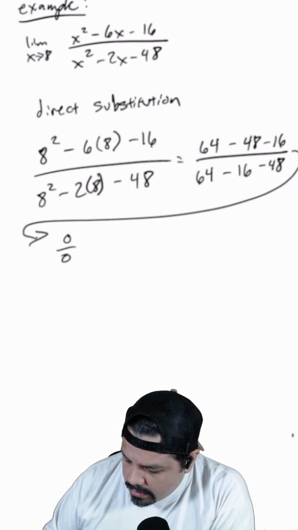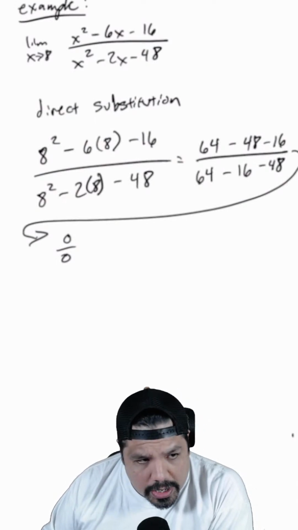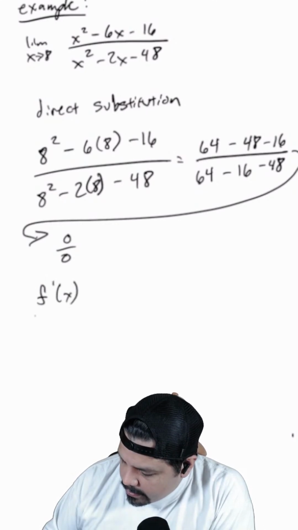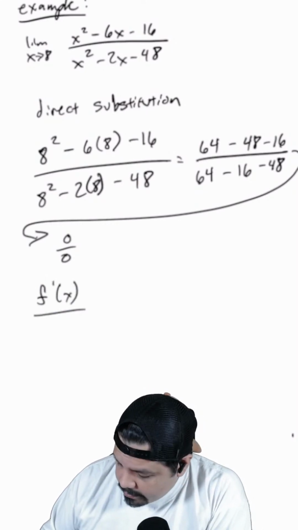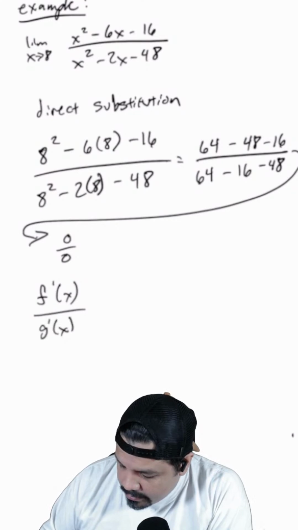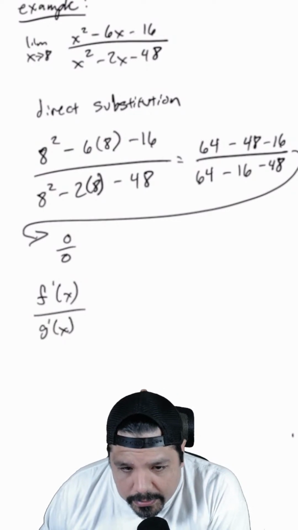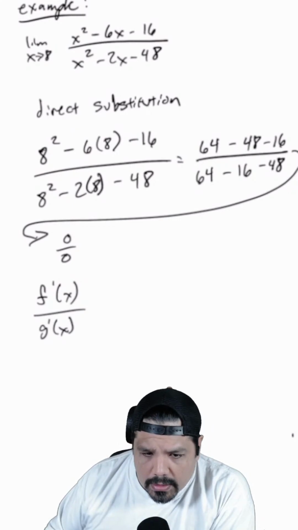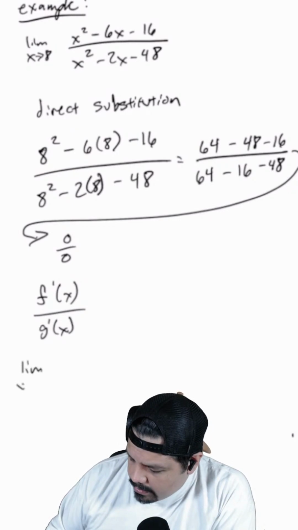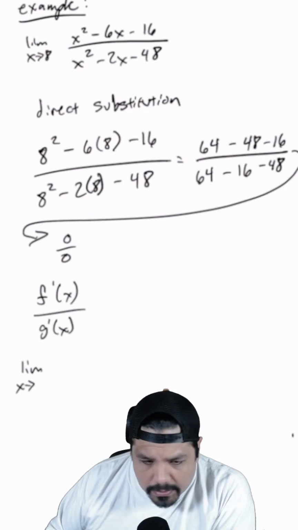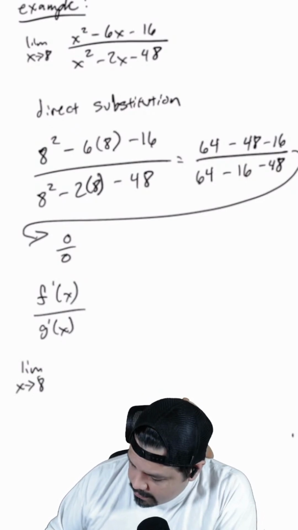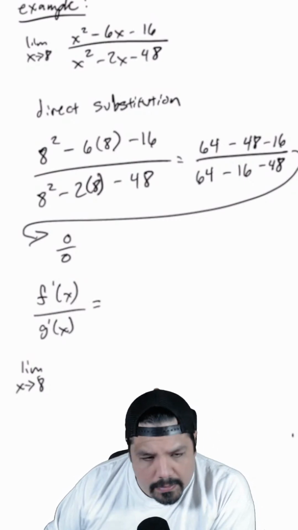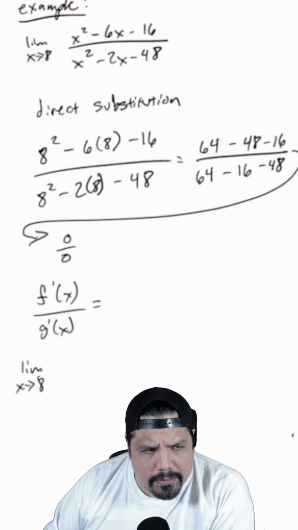Maybe we can differentiate. The top is a function and the bottom is a function. Let's show it to you. The limit as x approaches 8. Well, what is f prime?